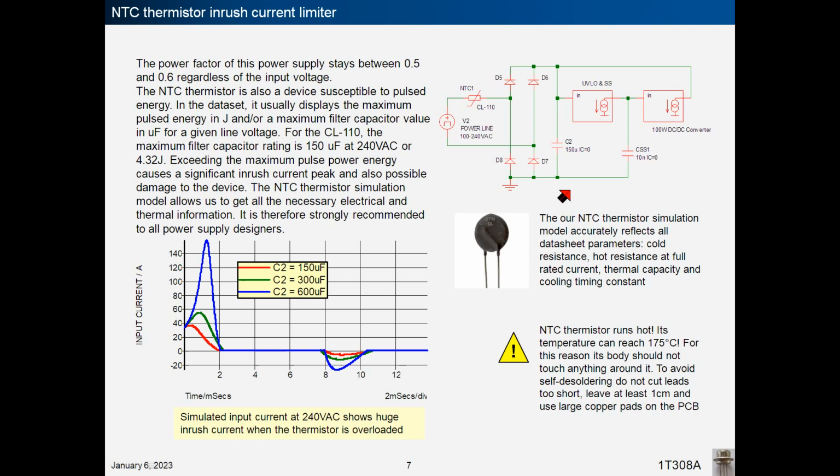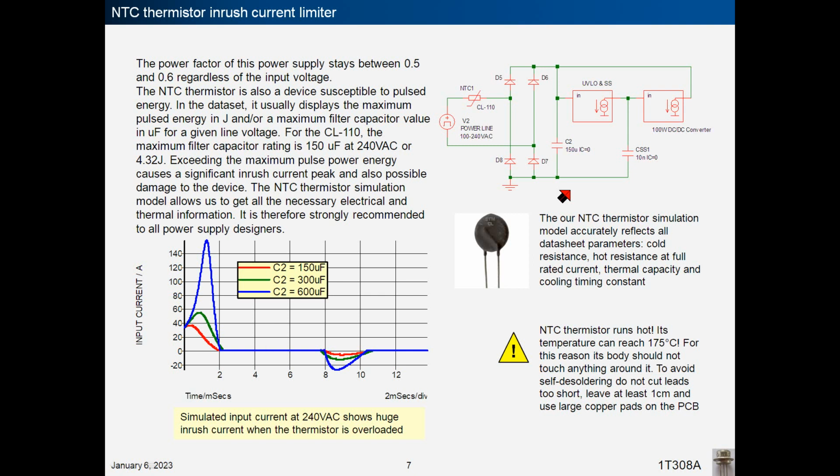For the CL110, the maximum filter capacitor rating is 150 microfarads at 240 VAC or 4.32 joules. Exceeding the maximum pulse energy causes a significant inrush current peak and also possible damage to the device.